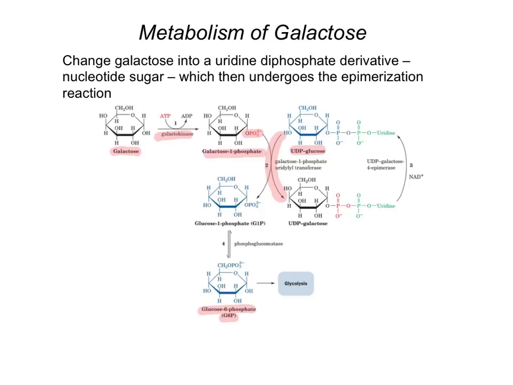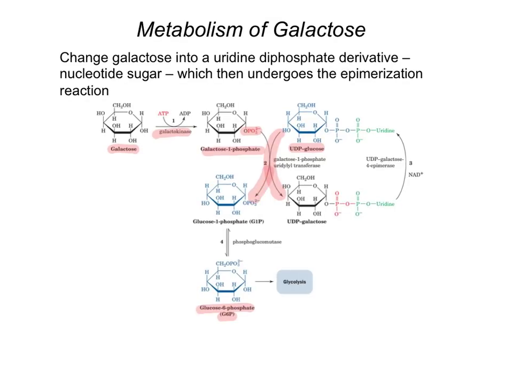It's going to get off, or the glucose at that point in time is going to pop off as glucose 1-phosphate. That continues on. It gets isomerized by phosphoglucomutase. That becomes glucose 6-phosphate. The epimerization reaction is what occurs after. So we're left with UDP galactose. That is going to be epimerized in a second reaction that turns it into glucose. And it's just going to continue and continue and continue.